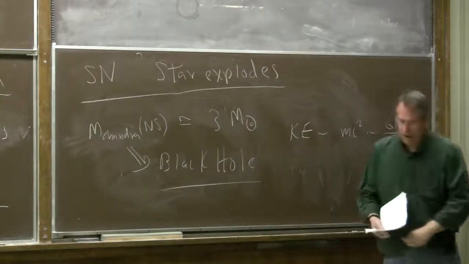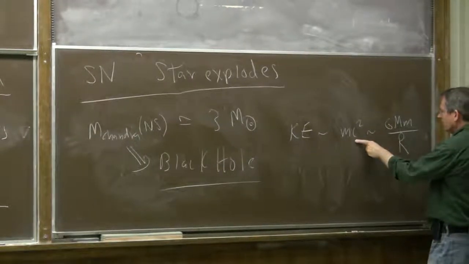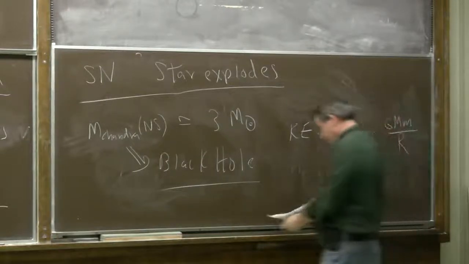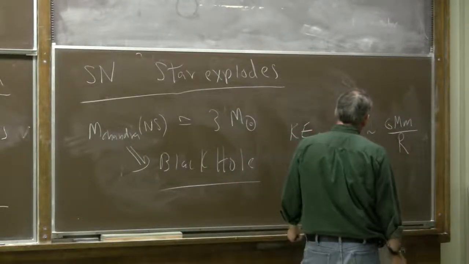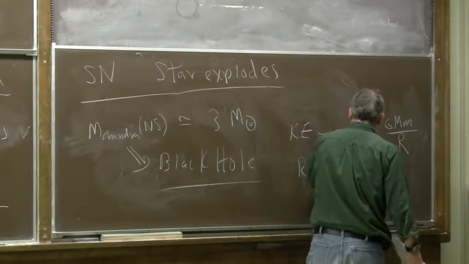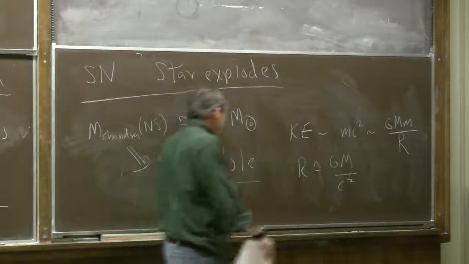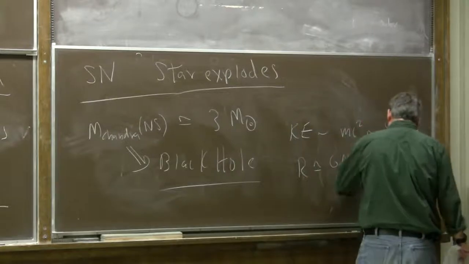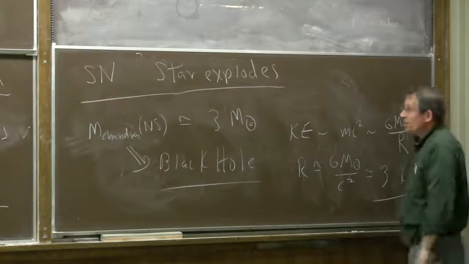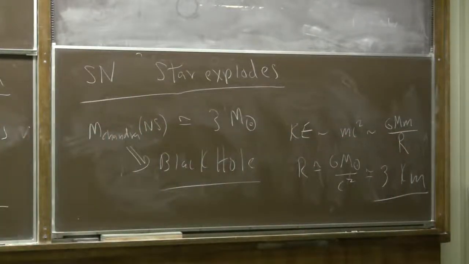In other words, this is the relationship for the escape velocity, but now I've used the speed of light, and the mass and size of the star. And so that gives a value of r, which goes like GM over c squared. So for a solar mass, that's just a few kilometers, 3 kilometers. It's not much smaller than the neutron star, which is maybe more like 10 kilometers.